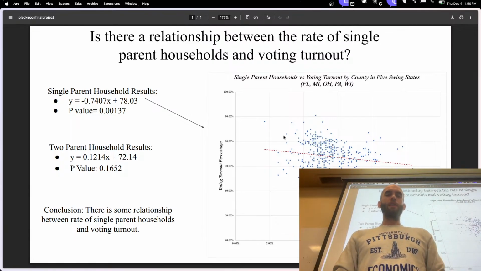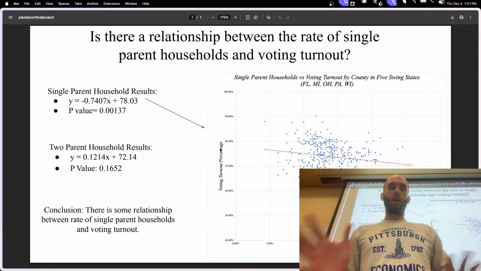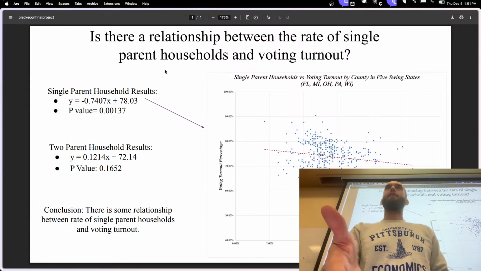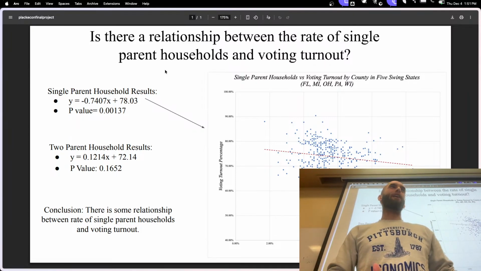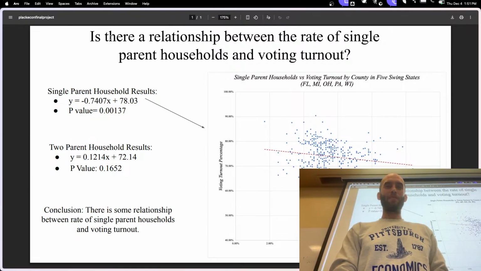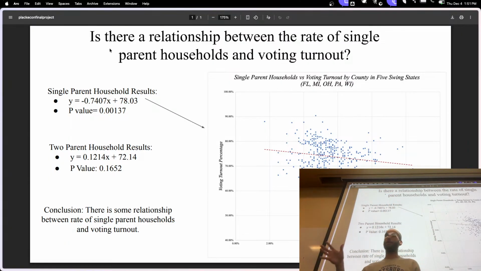So this was an example of another sort of family kind of economic question. This is before I had a child, so I chose these before I had a child, so unrelated. So the question was, is there a relationship between the rate of single-parent households and voting turnout?